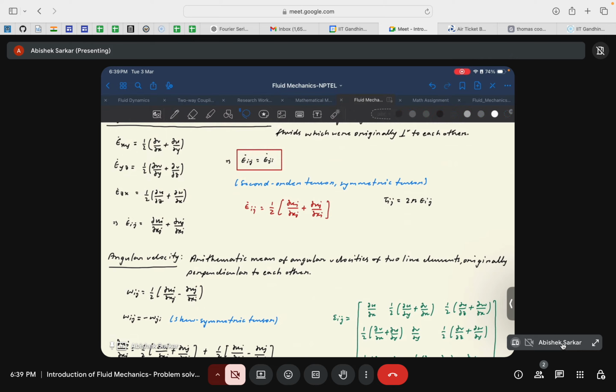But again, there might be certain textbooks that do not keep this factor of half. That's again completely standard, because the parameter of interest is actually the velocity gradients rather than the factor of half. Okay, so you'll see that becomes eventually insignificant, and conceptual clarity is much more important than this factor of 1 by 2.